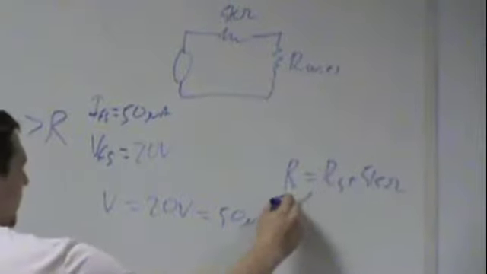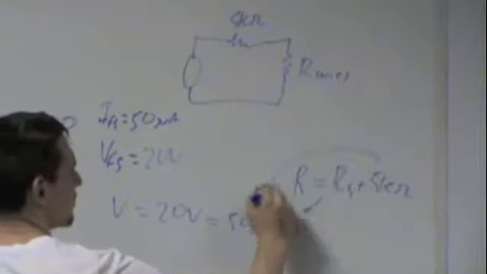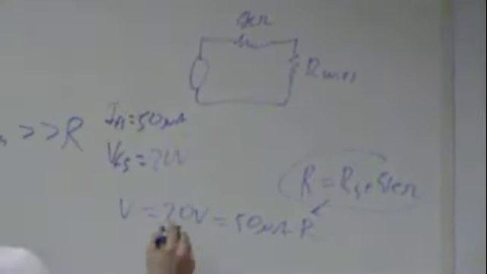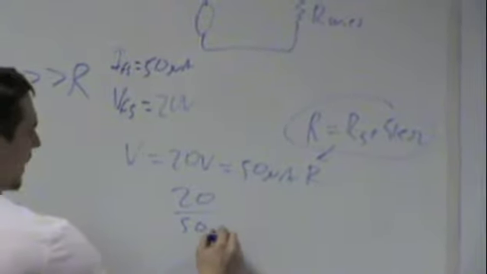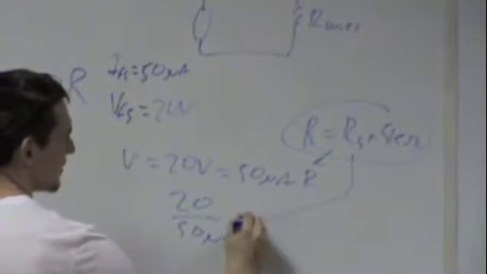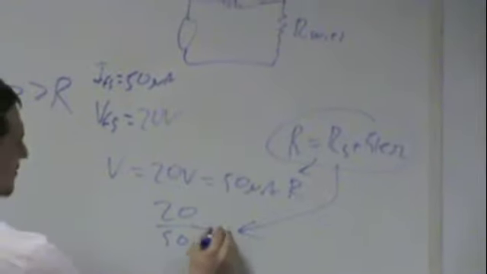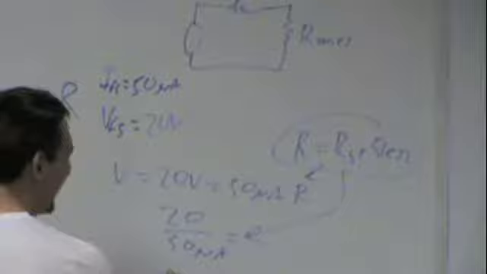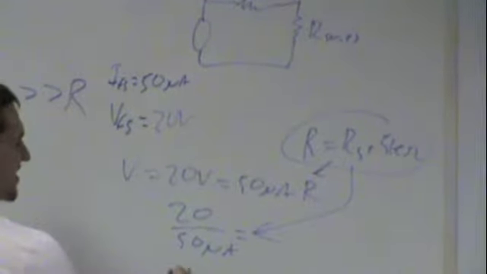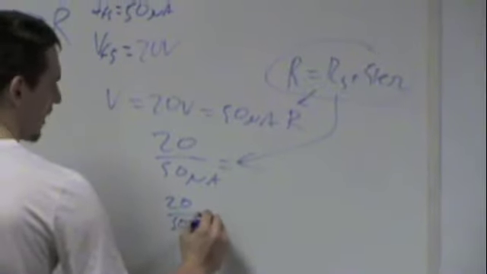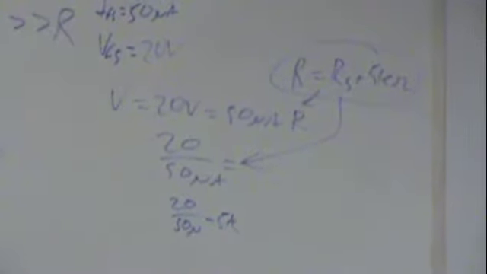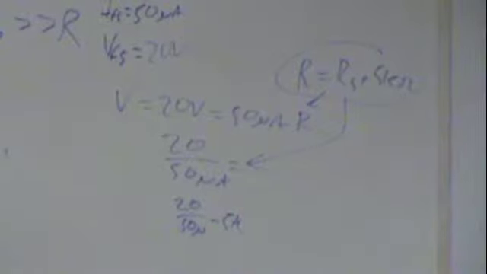So then we plug this in here. We'll do the Dr. D method. So then we have 20 over 50 microamps equals this. And then we have this. Then we move the 5 kiloohms to the other side, so we have 20 over 50 micro minus 5K, I believe, if I'm not doing anything wrong.